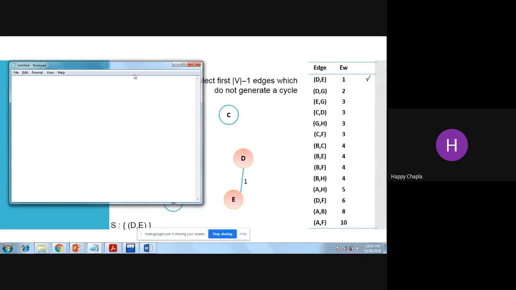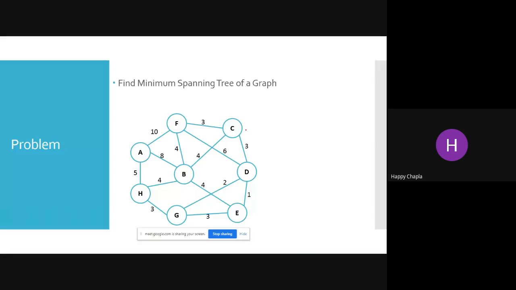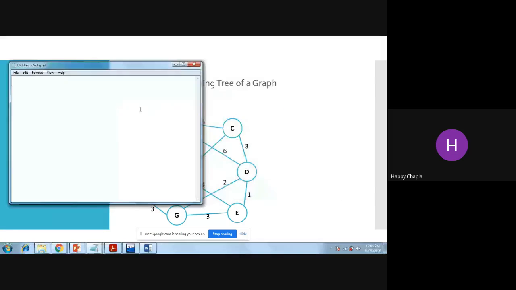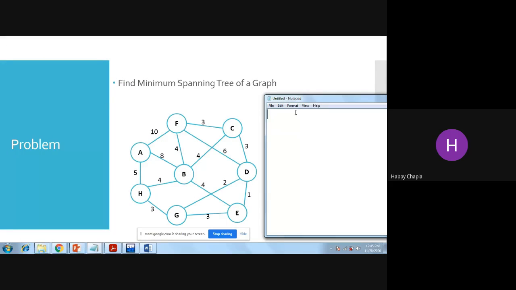Okay, so now starting with this one. According to this, we first need to take the connections of every node. I'm starting from A. So if I'm traversing from A to E, comma F, it will take a weight like 10.